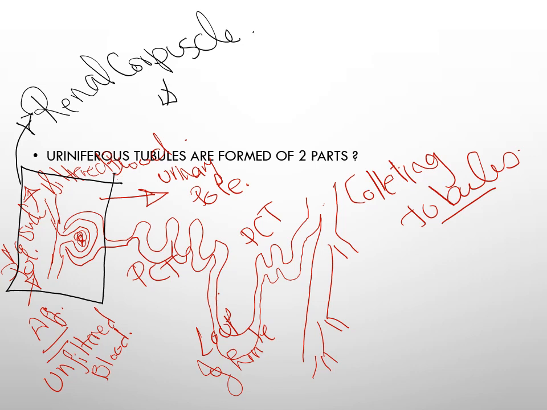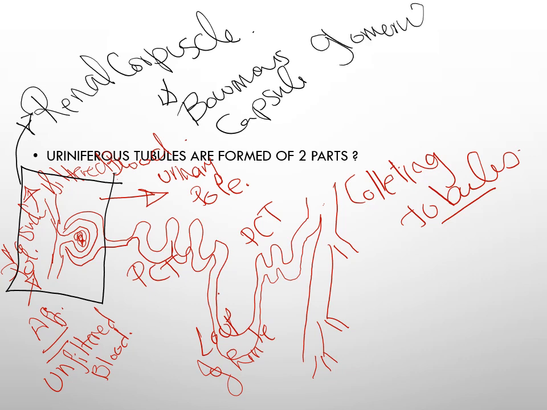The renal corpuscle is formed of the Bowman's capsule, the glomerular capillaries, and the mesangium.